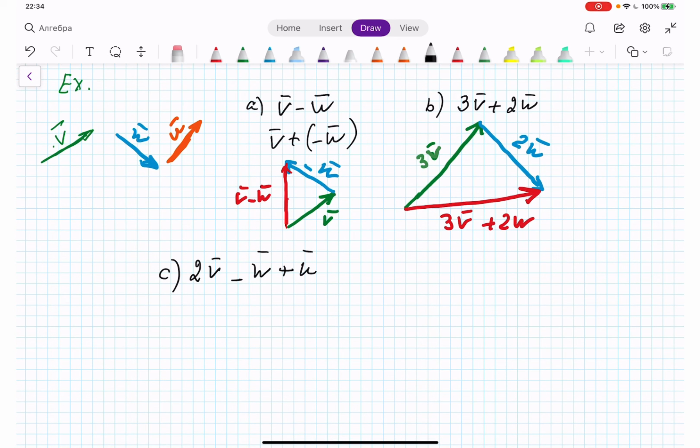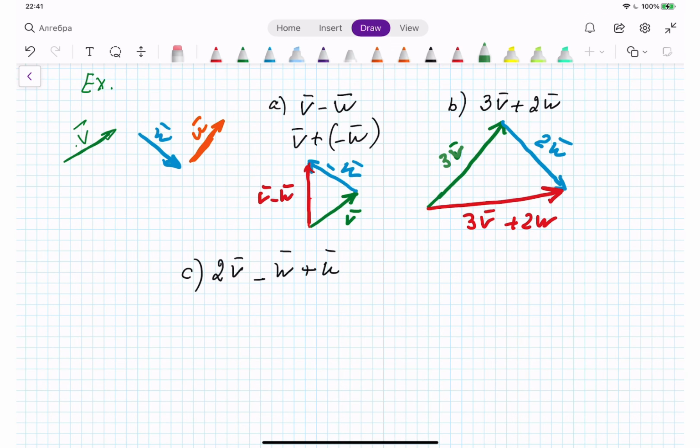So first I'm going to take twice as long a vector V. Next I am going to add the opposite direction of W, right?